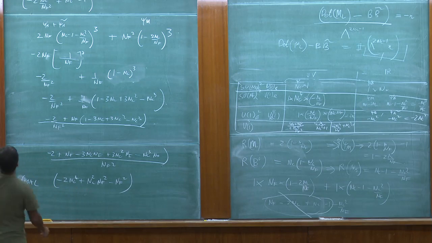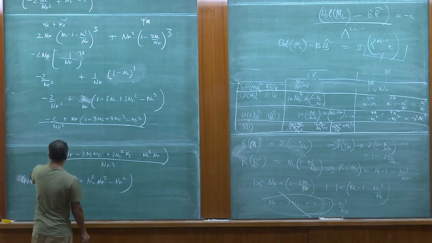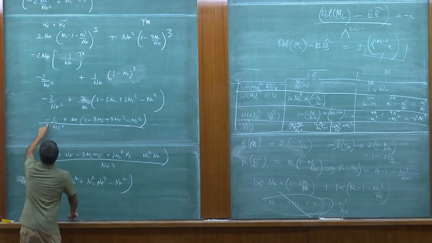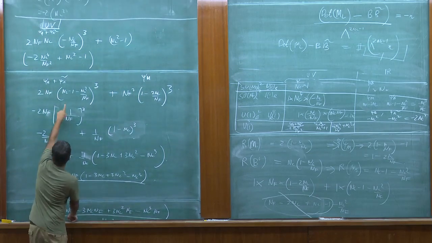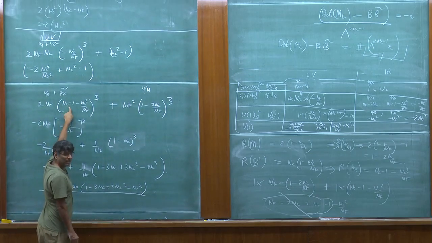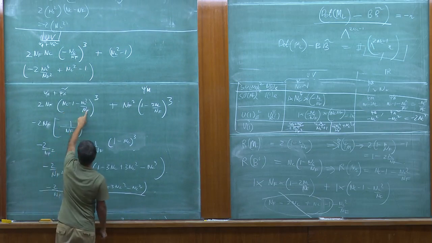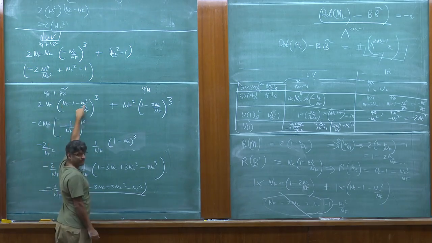Which one, sorry? I'm sorry, here? All the way up to the second line. This one was wrong. This was wrong? Yes. Let me check. This was NF NC minus NC square.